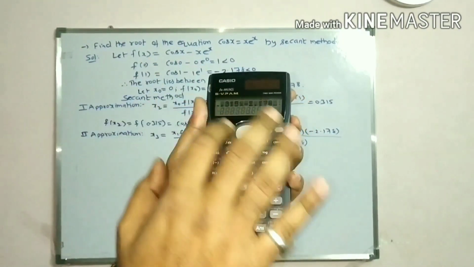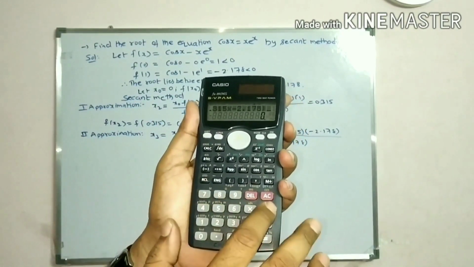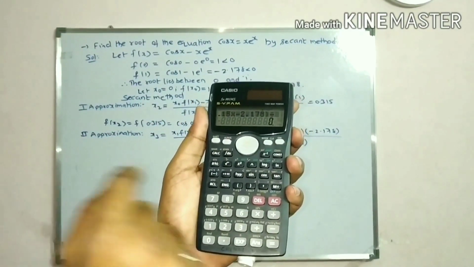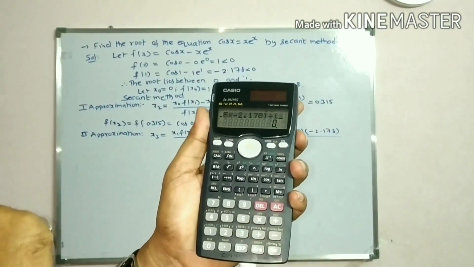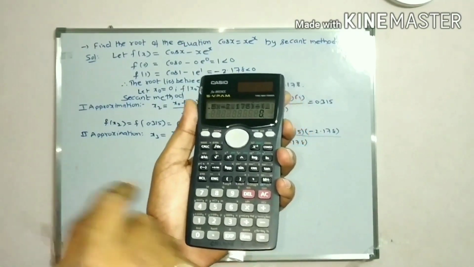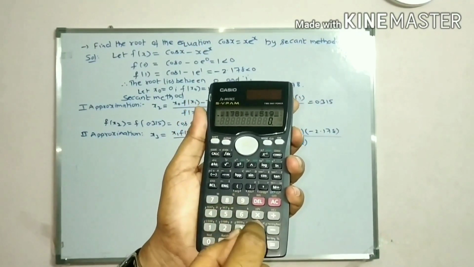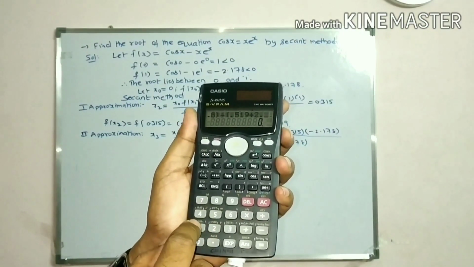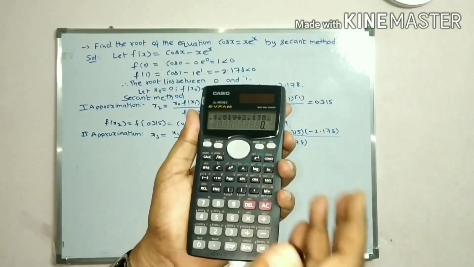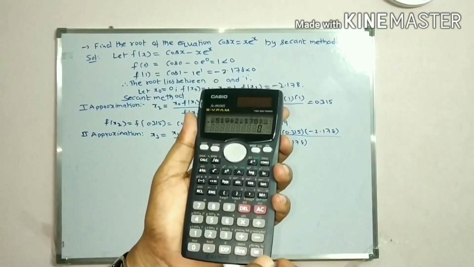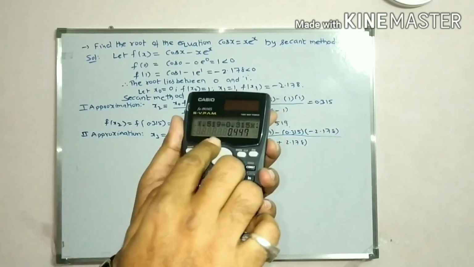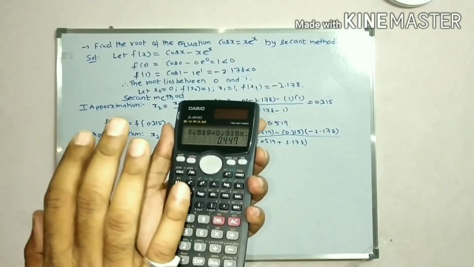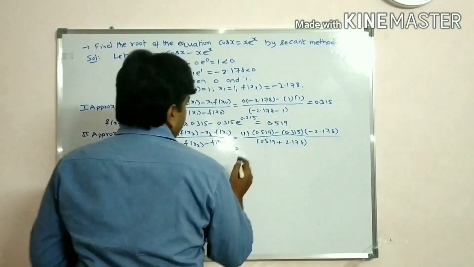This is the numerator value, students, so bracket close, divided by bracket, the denominator value is 0.519 plus 2.178. Denominator value also over, students, so bracket close. The result is equal to, we get 0.447.